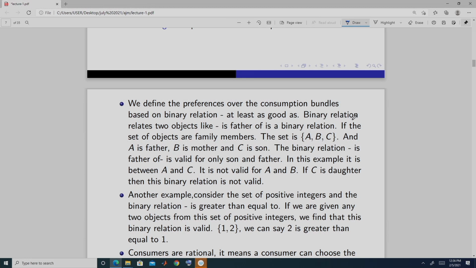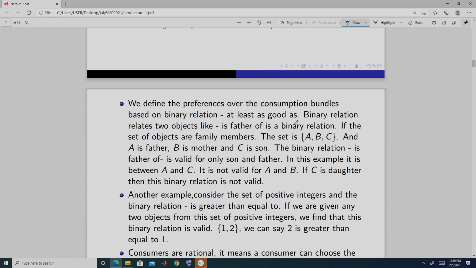This binary relation is a way to relate objects. So if we take a set, suppose like this set ABC, it is a set of family members. In this family we have, suppose, 3 members: A denotes father, B denotes mother and C denotes son. And we take a binary relation like "is father of".